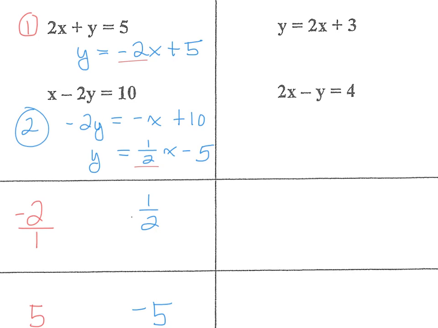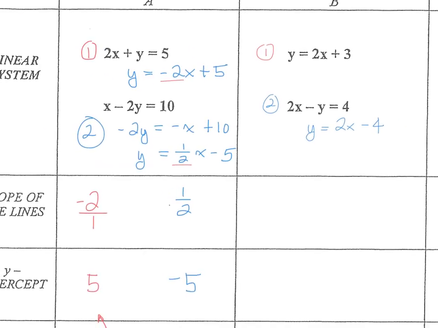Okay, we'll look at case B now. This one's already in slope-intercept form, so there's nothing to do. We can change the second line here, and I'm just going to go straight ahead and do it without the steps in between. So y equals 2x minus 4, and we get our two equations there.